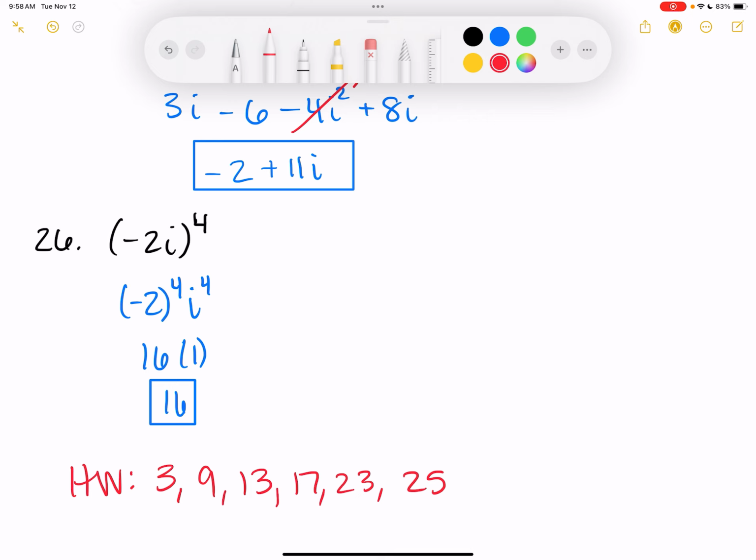Tomorrow, we will finish this section, which is dividing complex numbers. I would suggest that you finish all of these problems I've given you, which is only 6. You should have more than enough time, so that tomorrow you're not even more confused when we move into division of complex numbers.